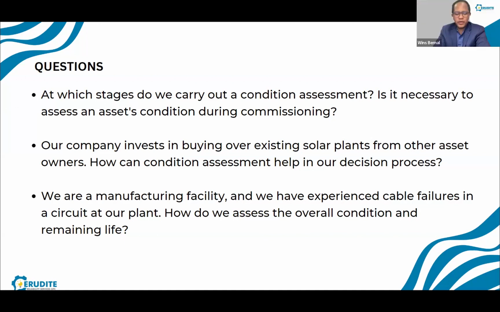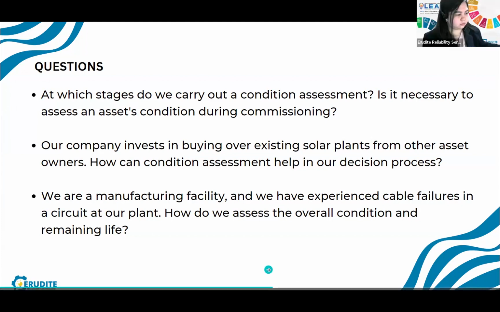What are the condition assessments for these types of technologies? And also, what are your suggestions on how we can manage these kinds of new assets that they have incorporated in our organizations?